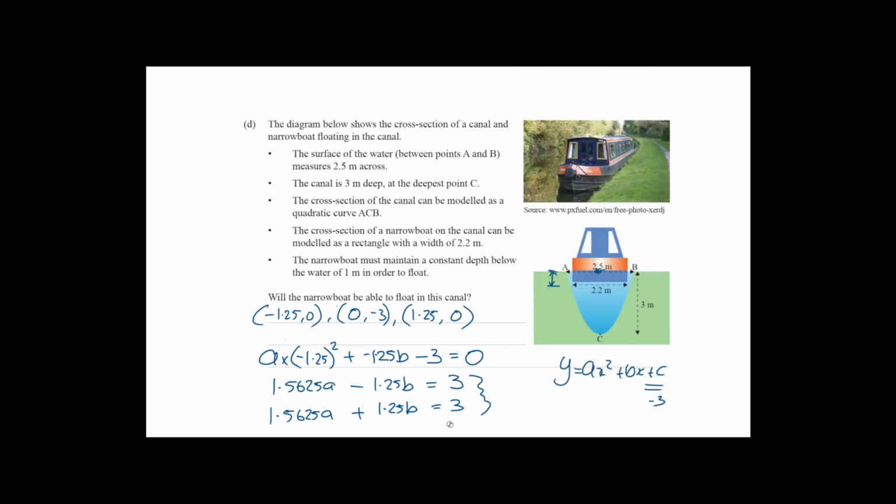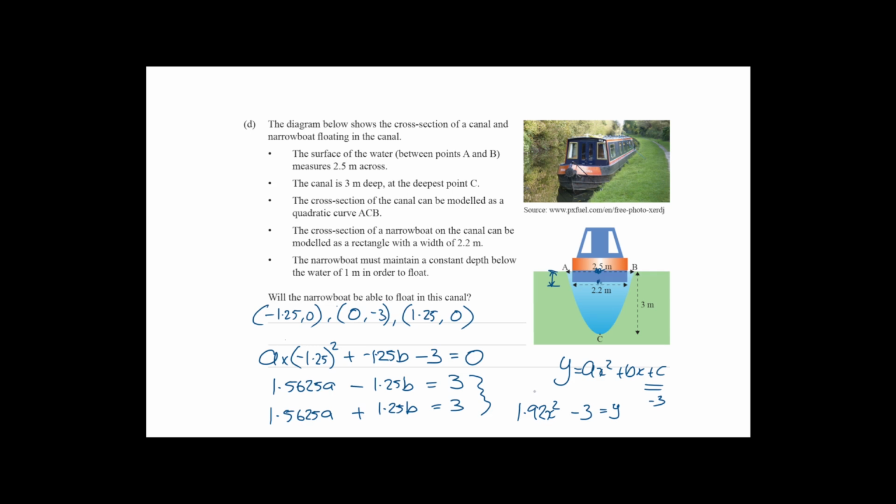Okay, so the equation there is 1.92 x squared minus 3 equals the depth, equals y. Now we want to find some point.